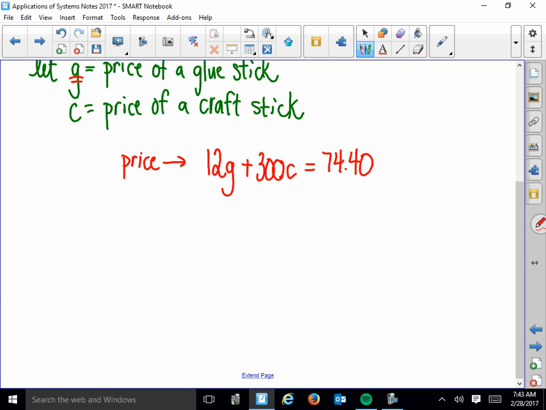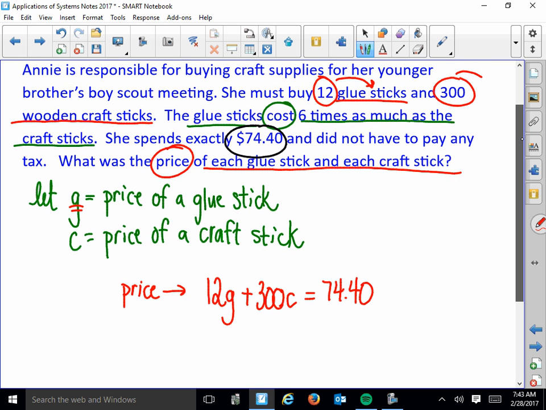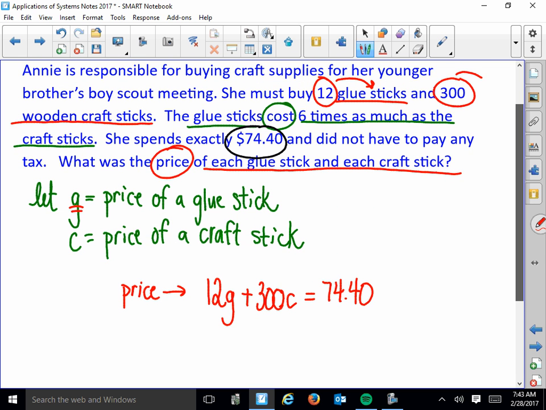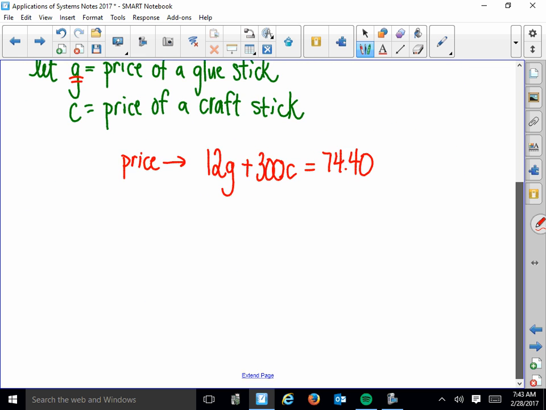The second piece of information is that the glue sticks cost 6 times as much as the craft sticks. The price of the glue sticks is the same as 6 times the price of the craft sticks. I think this one is more difficult to write.